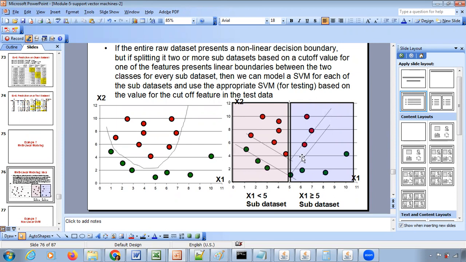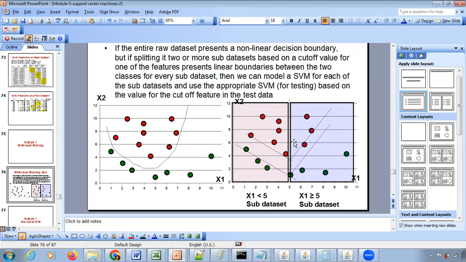So we can split a given data set into 2 sub data sets like this. If each of them has a linear decision boundary, whereas the original does not have a linear decision boundary, whatever you try, and even the kernel trick may not work, then it is okay to split the data set into 2 sub data sets.